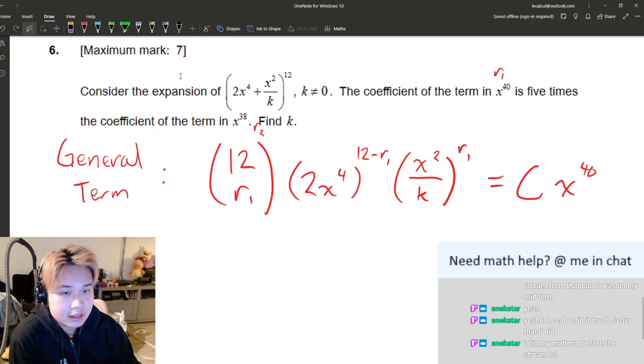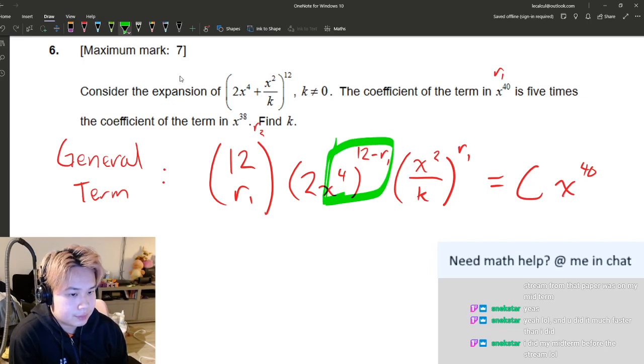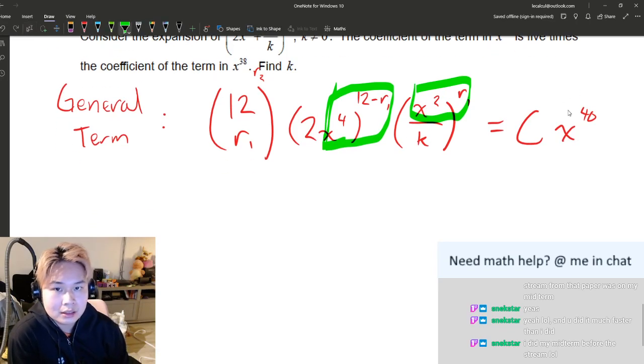Okay, so what we can do is we can help see what r1 is going to be, because I know that when I multiply these exponents of x together with these exponents of x, I should get x to the power 40.